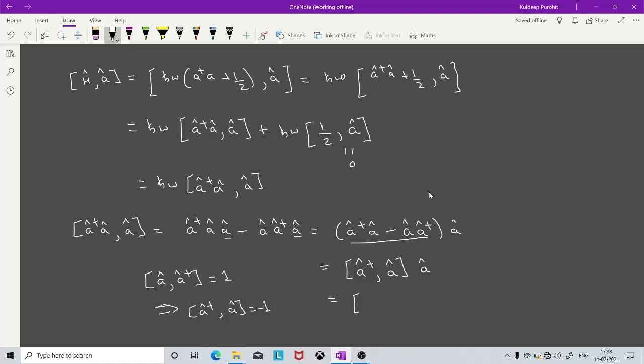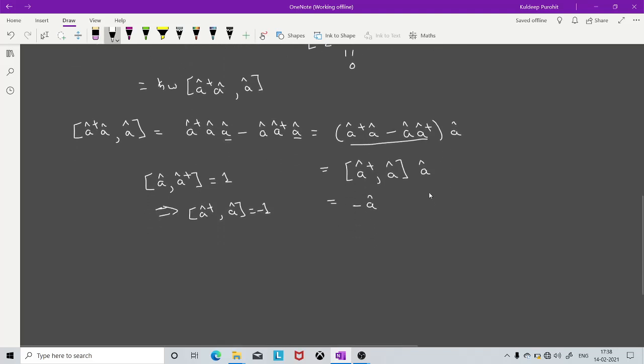So you have to just plug in minus 1 here, so here it will be minus a. The value of the commutator of a dagger a with a is equal to minus a. This is the thing which we have with us.